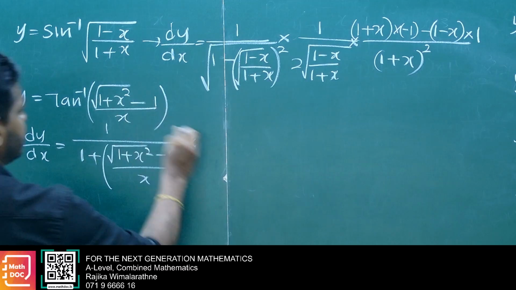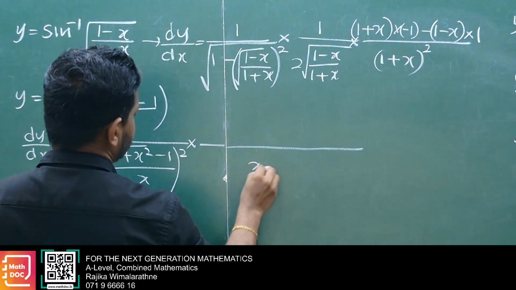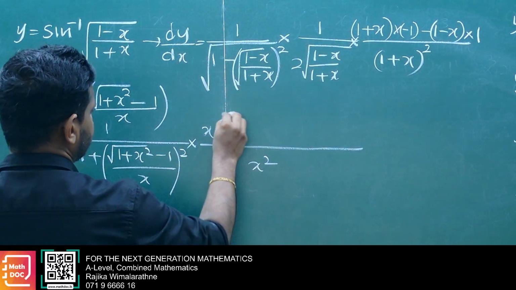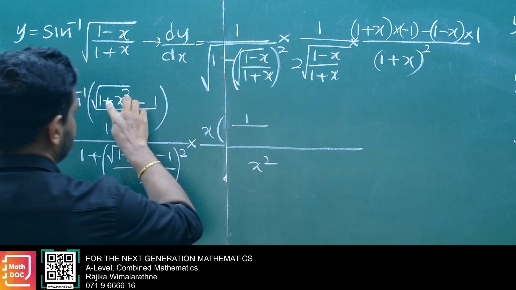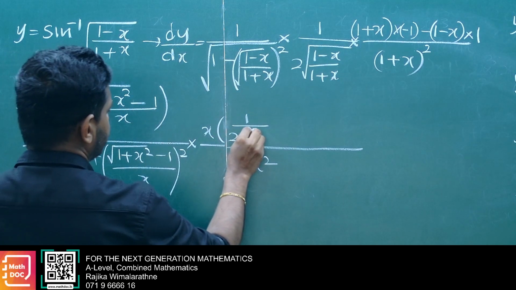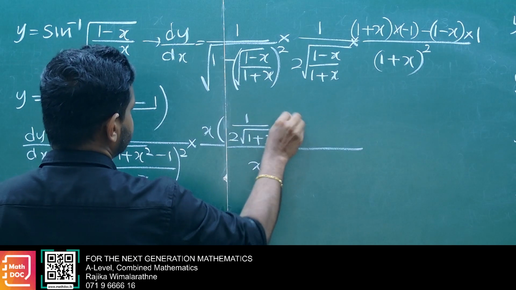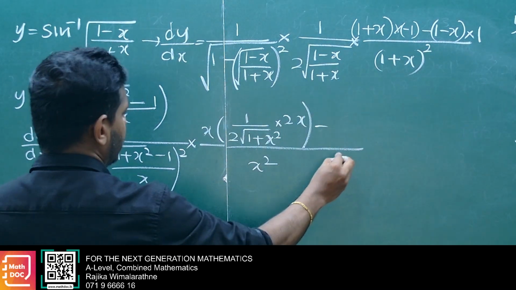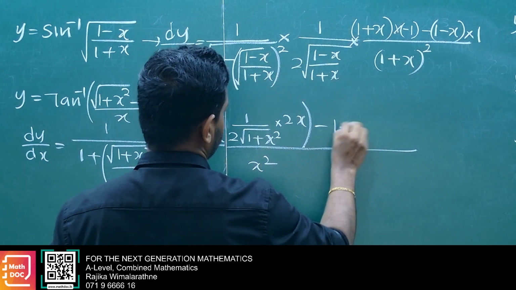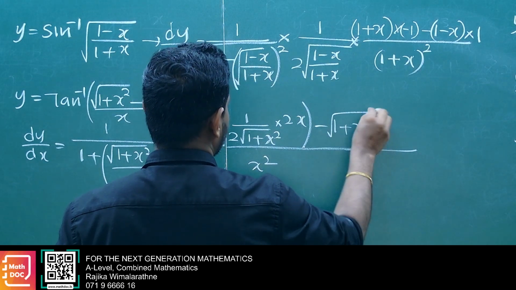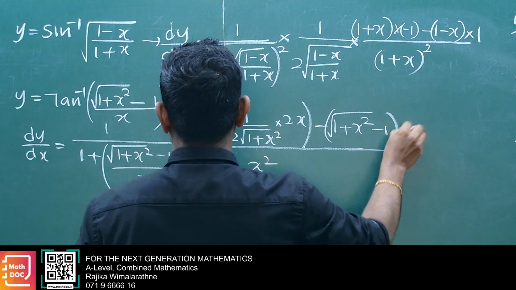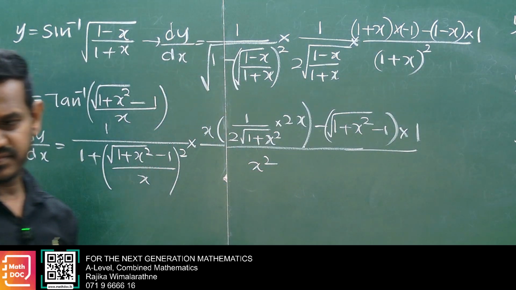Then here division, denominator is square, denominator times derivative of numerator. Here numerator derivative 1 over 2 square root of 1 plus x square times 2x, minus numerator times derivative of denominator, 1.